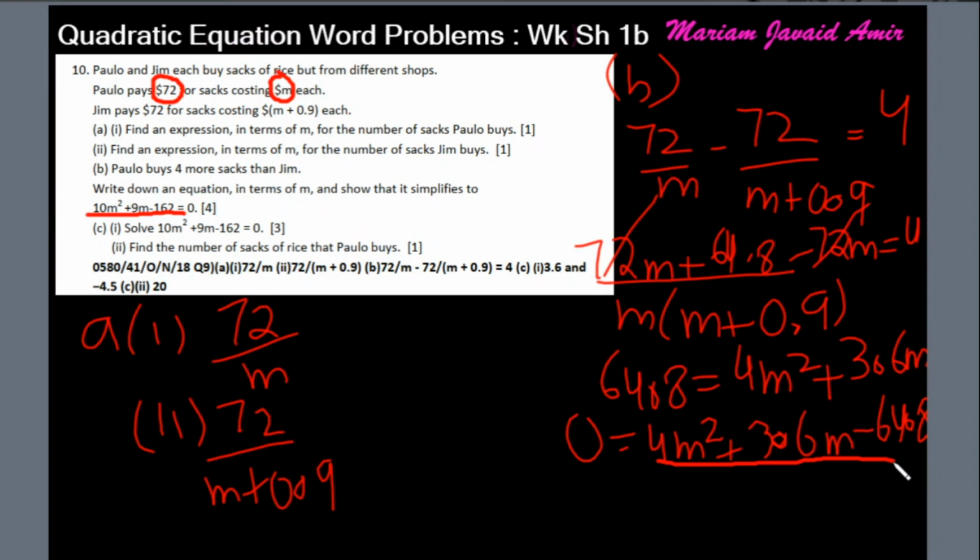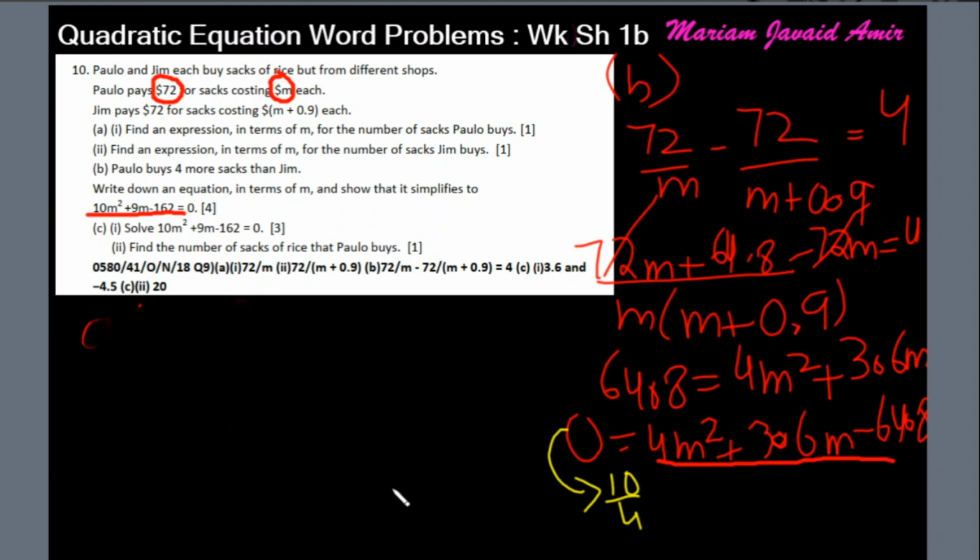If I need 10 instead of 4, can I multiply the whole equation with 10 by 4? When I do that, my first expression will become 10M square instead of 4. So let's proceed from here and simply multiply the whole equation with 10 by 4.